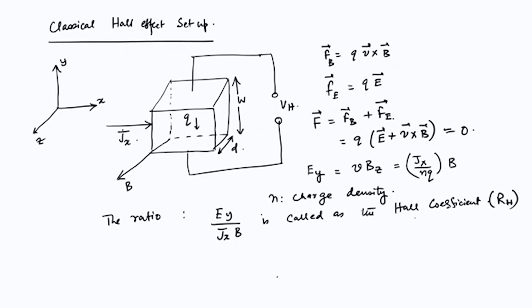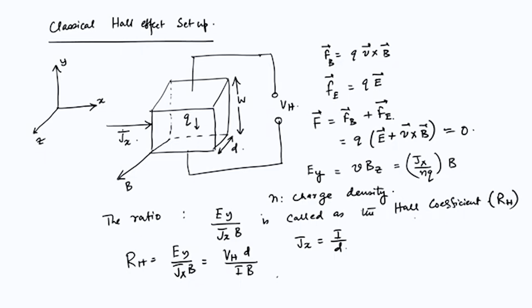What we have shown is that this RH is equal to EY divided by Jx into B, which is equal to VH D divided by I into B, where we have written Jx to be the linear density of current, which is equal to I over D. D is the width of this sample that you see here.